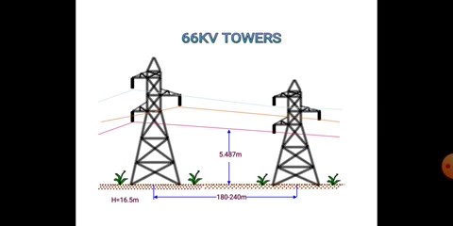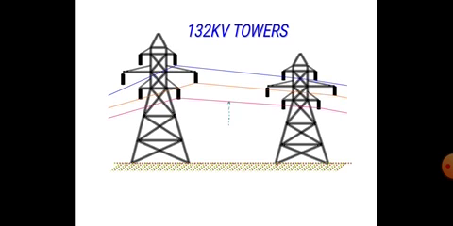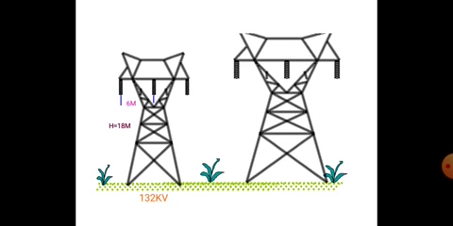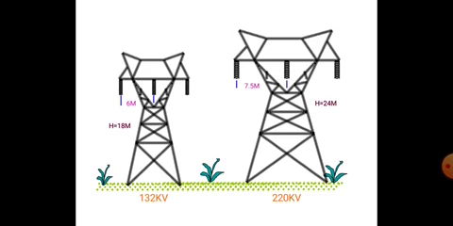It is 66 kV lines and 132 kV towers. The tower distance is 240 to 300 meters. And then 132 kV and 220 kV.